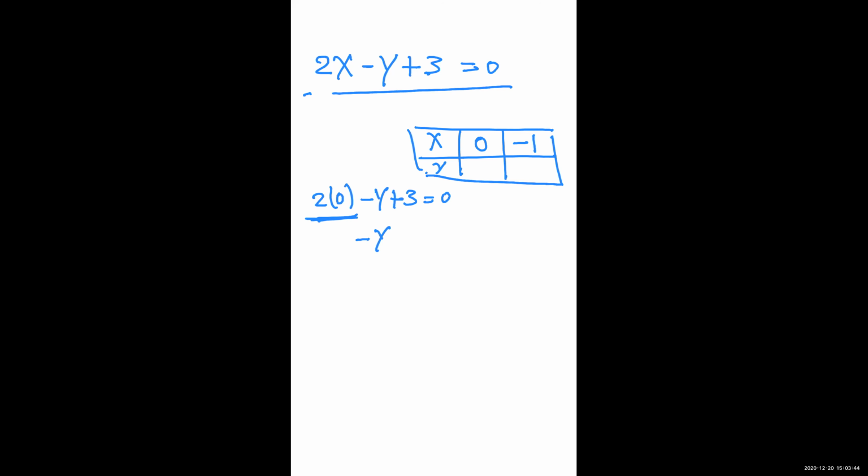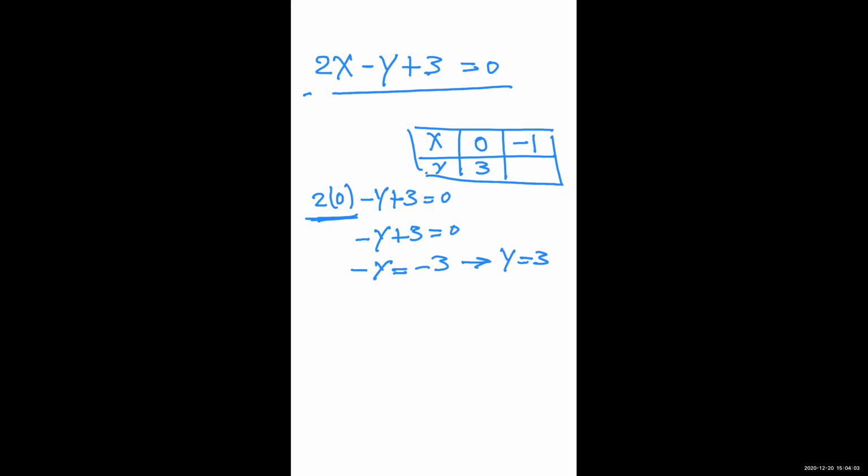So negative y plus 3 equals 0. So negative y equals negative 3. Therefore, y equals 3. So now if x equals 0, y equals 3.